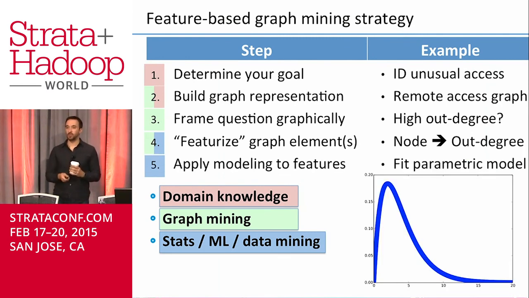And then finally, you can apply some modeling technique, right? You just fit a parametric distribution to it, do an SVM classifier, do logistic regression, any number of these statistical or mathematical models. Now you have your initial question about graphical data in a nice, really crisp machine learning treatable form where you can really do some cool analysis.